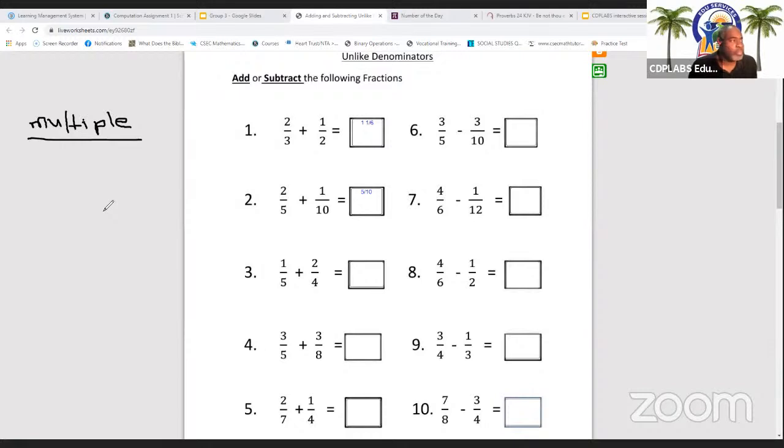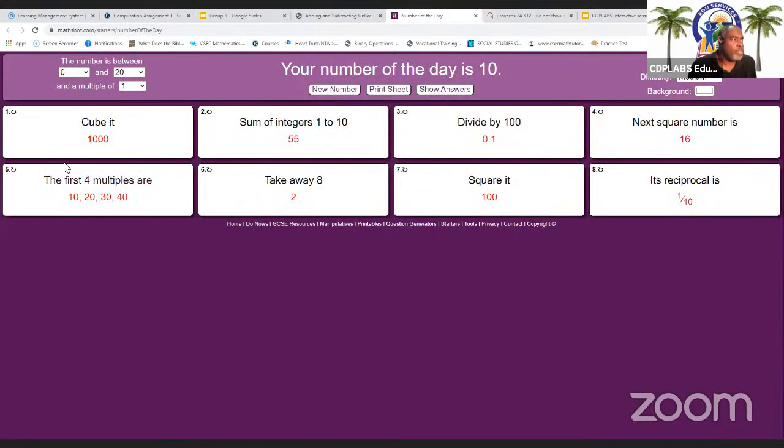Multi. Increases. Now, let me show you something else before I go to that. Get the idea of multiple out of the way quickly.